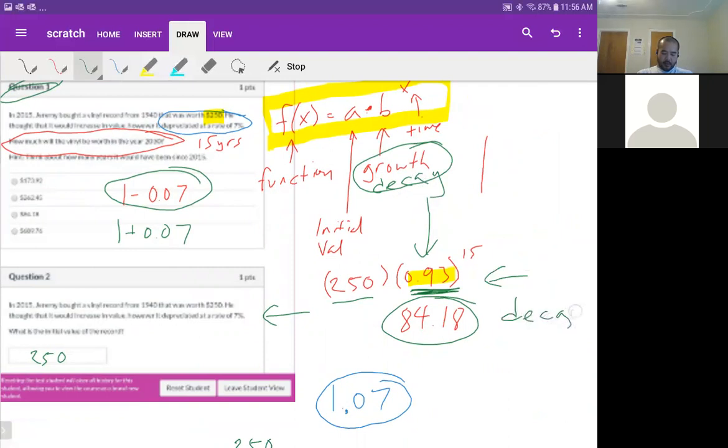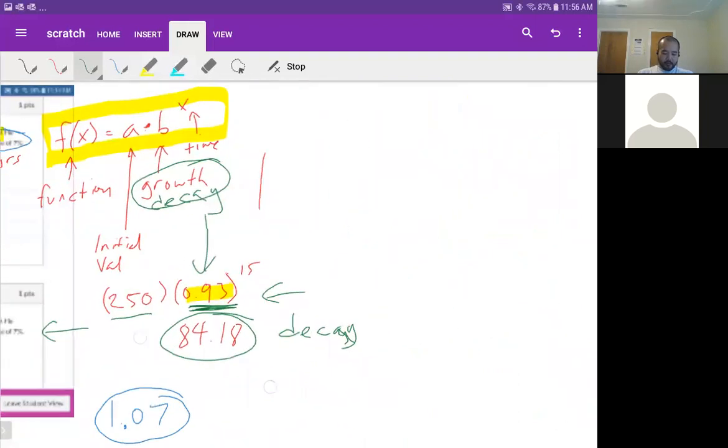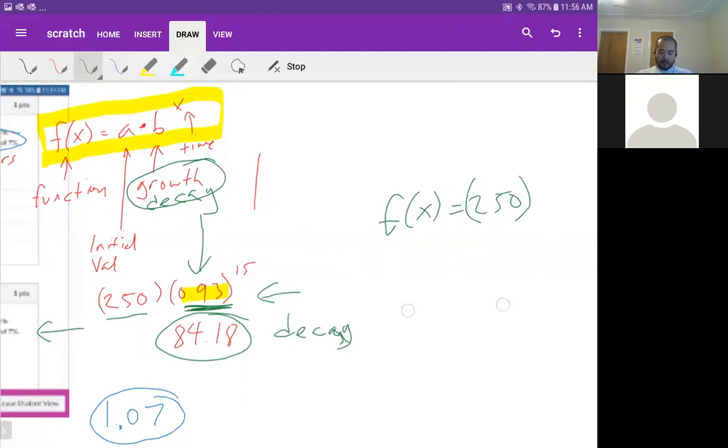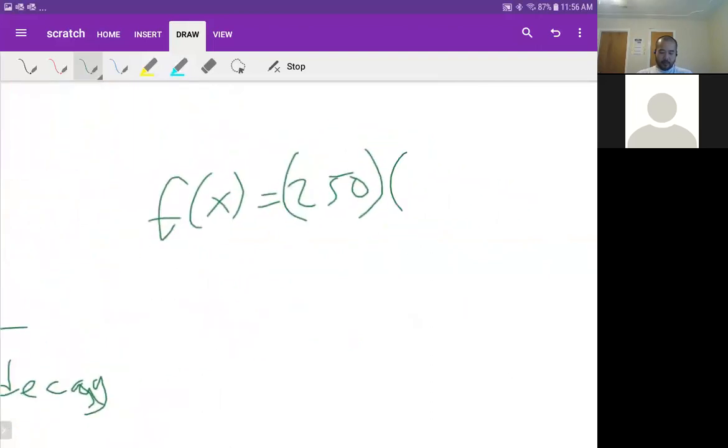If you're going to do that same formula as growth, it would be f of x equals 250 times 1.07 to the 15. In this case, you have the initial value, and if nothing happens, you have 100% of it.